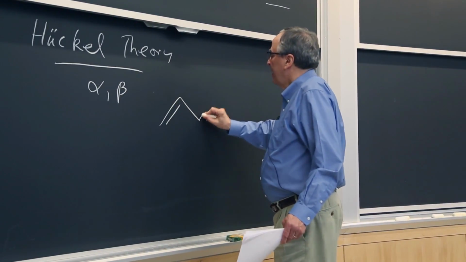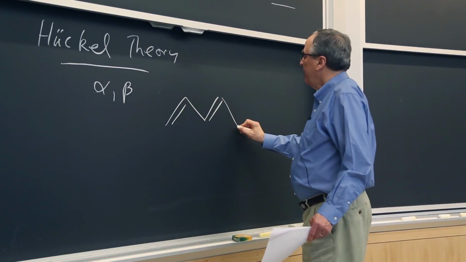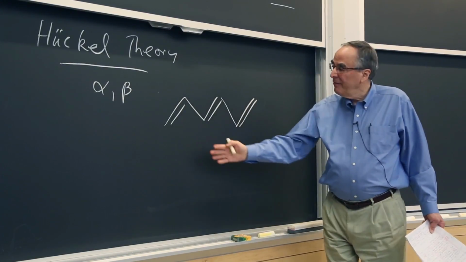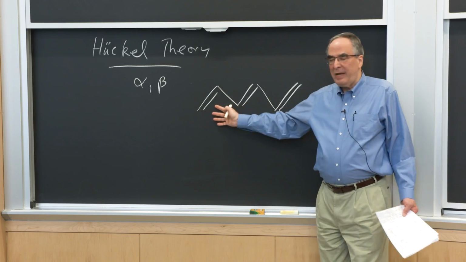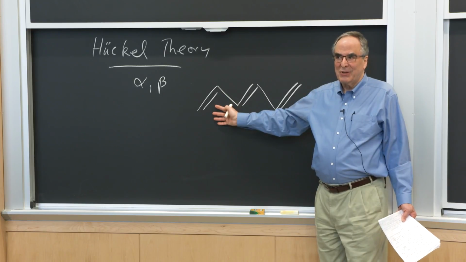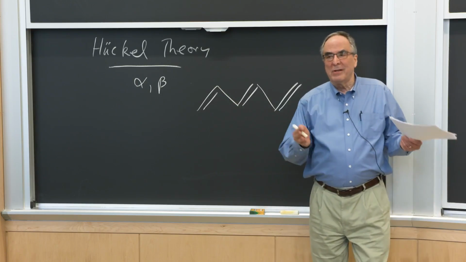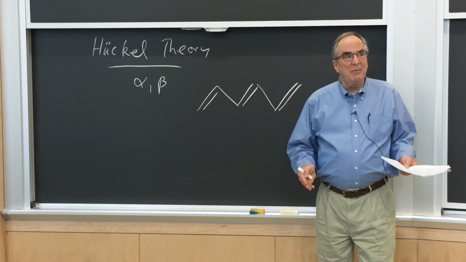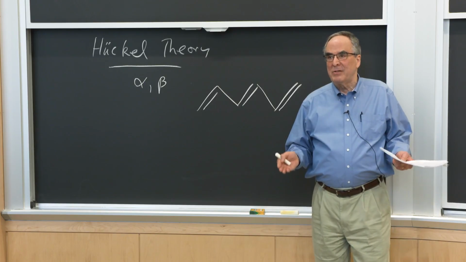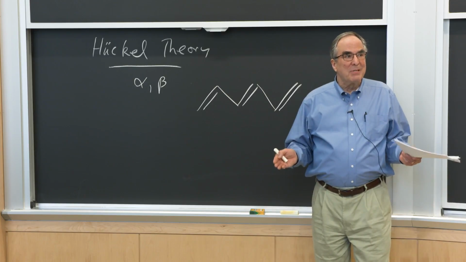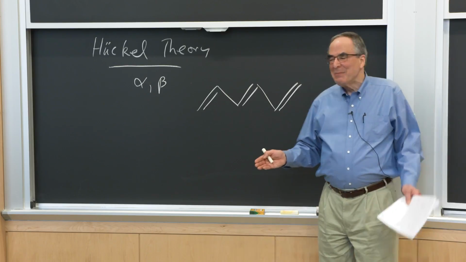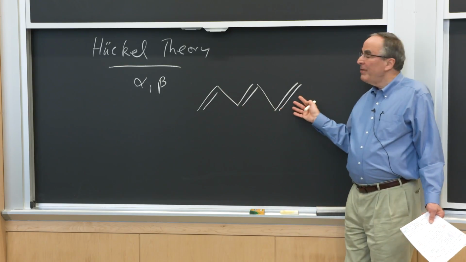organic chemists are really wonderful because they give you an abbreviated way of drawing a molecular structure. And almost everyone in this room is gifted in being able to visualize 3-dimensional structures. Physical chemists tend not to be so gifted. But here is something where we don't have any hydrogens.